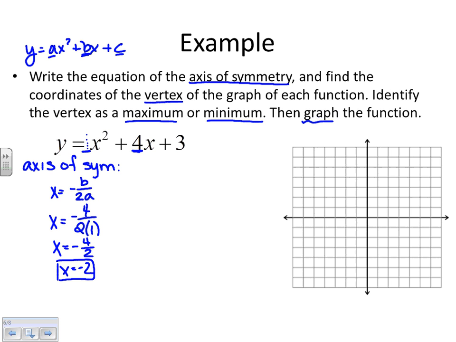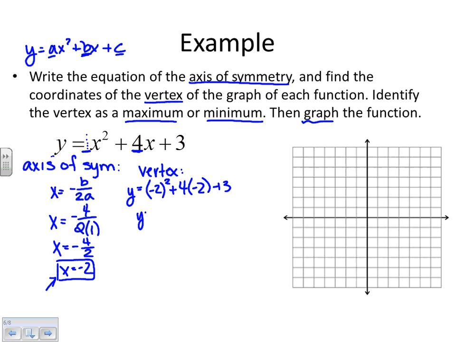All right, then it asks us to find the vertex. Okay, well, how would I find the vertex? Well, we're going to take this axis of symmetry and plug it into the original equation and find our y value. Okay, now we've got our x value, so we're going to plug in y equals -2 squared plus 4 times -2 plus 3.